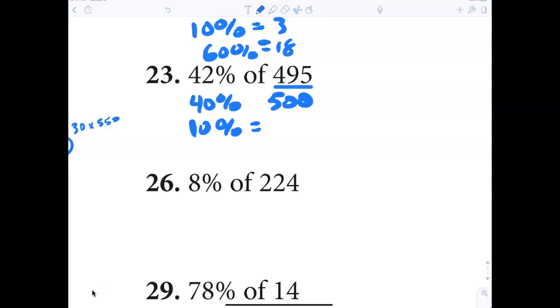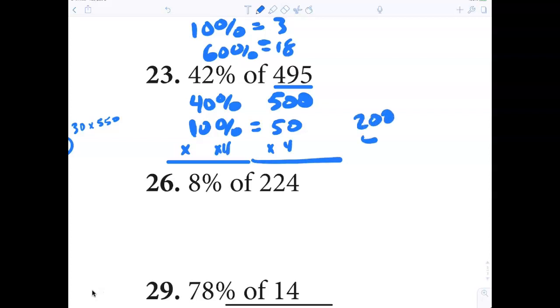What do we do with the decimal? Yes, 50. So for 40%, what do I have to do? I'm at 10 and I want 40. What do I multiply by? Times 4. So what's 5 times 4? 200. Yeah, there you go. 200 is a good one.